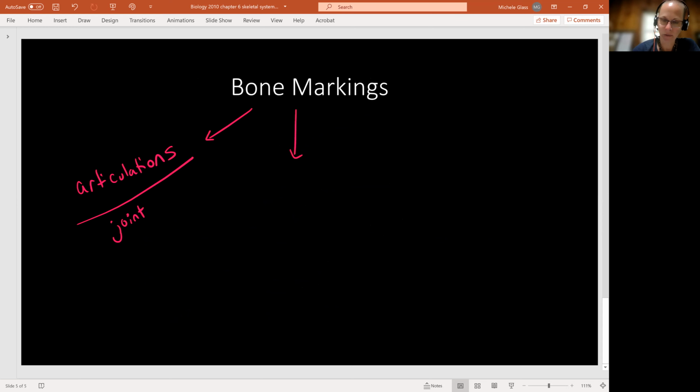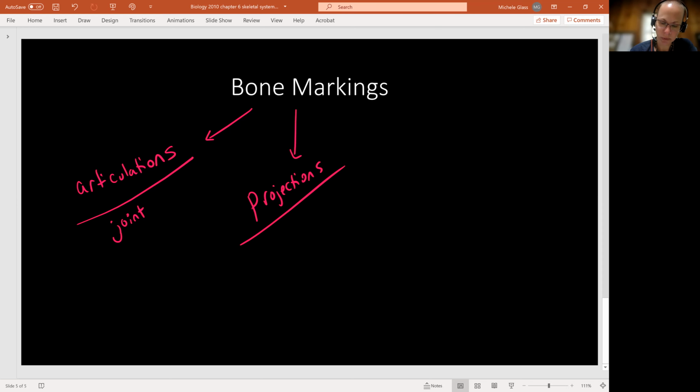We also have bone markings that are projections. These would be things like tuberosities, tubercles, protuberances, trochanters. That was the word I was trying to pull from my mind.